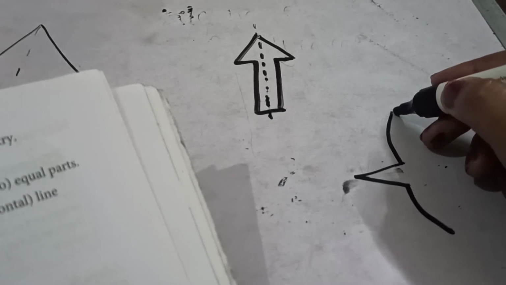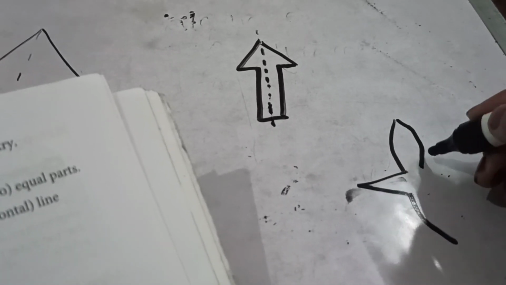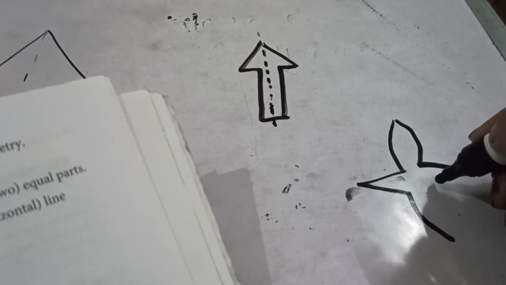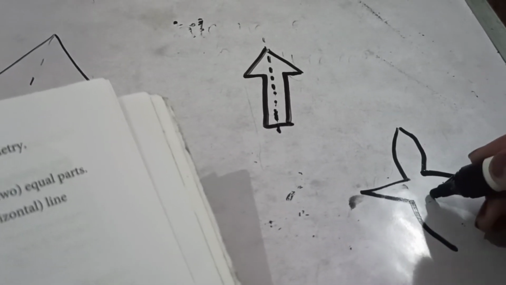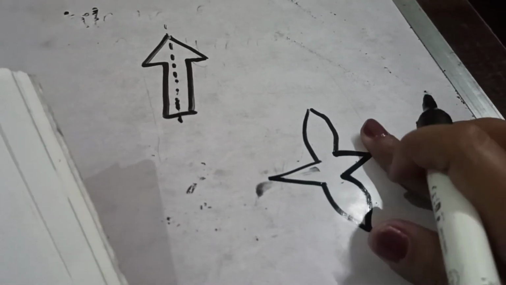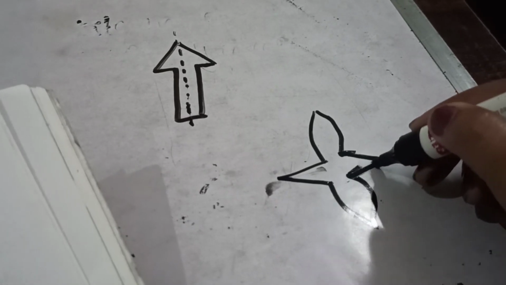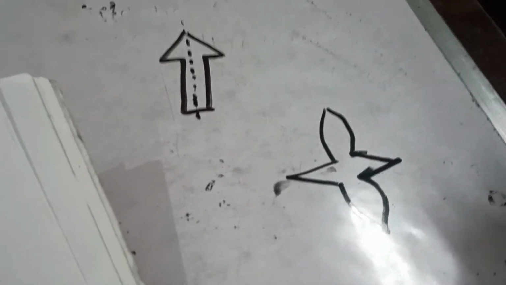So the other half is like this, right? Clear? This one is a little bigger. This you will do with the help of a scale. I am doing it here roughly.